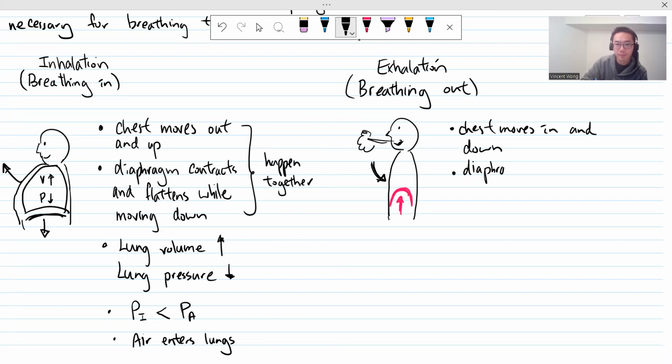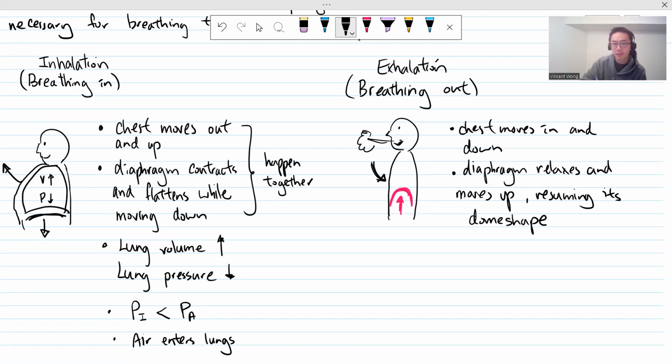Diaphragm relaxes and moves up, resuming its dome shape. So look, this is your diaphragm. When you want to breathe in, it flattens. Inhale, exhale. Breathe in, breathe out. Dome shape is relaxed, flatten is contract.